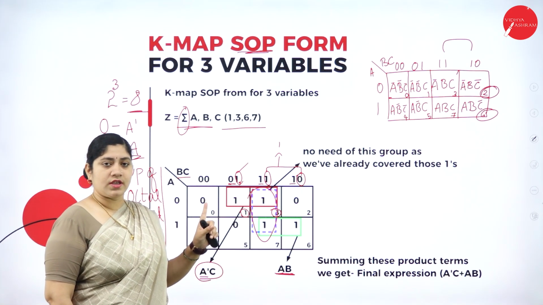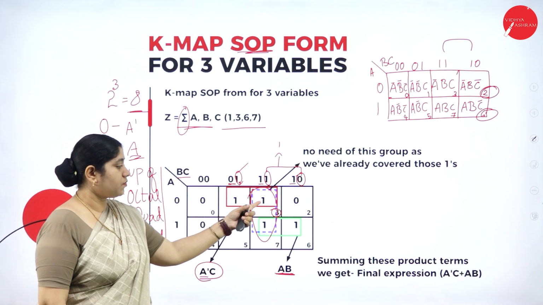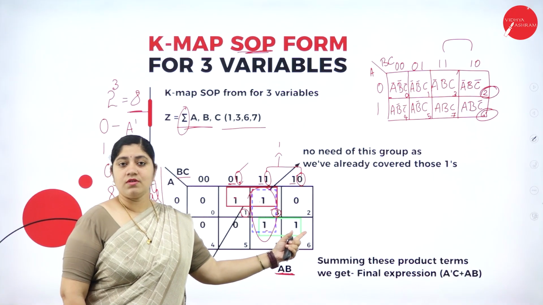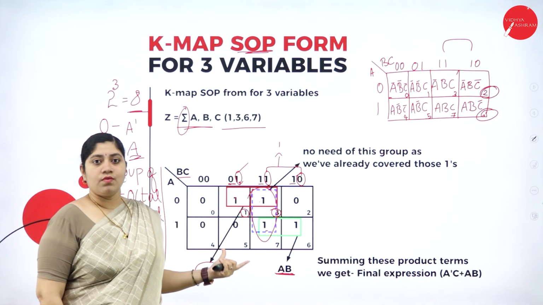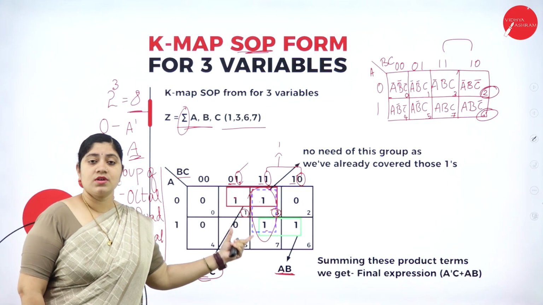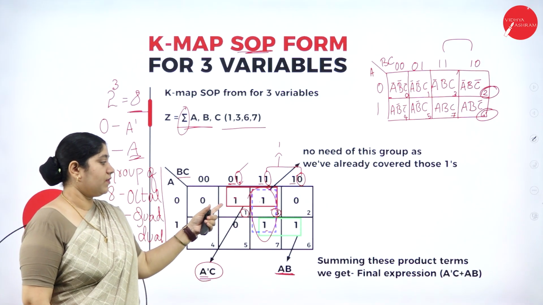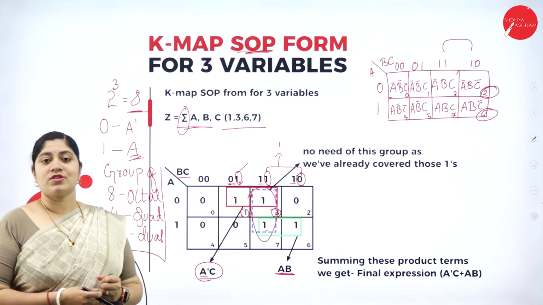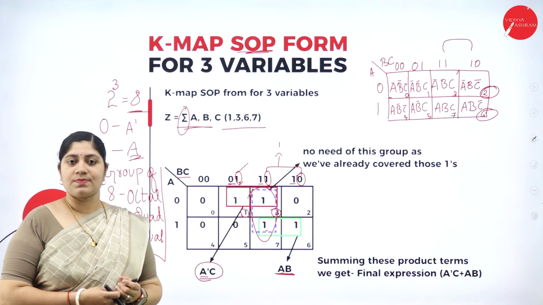But here it's not the case. We have already grouped this one with this, and this one with the neighboring one of the sixth cell. So we can't go forward with this third dual group. We will be having only two dual groups here. So this is all about grouping of variables with respect to K-map.